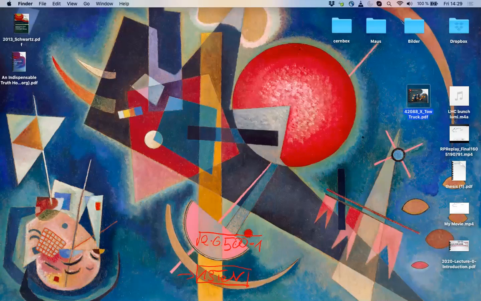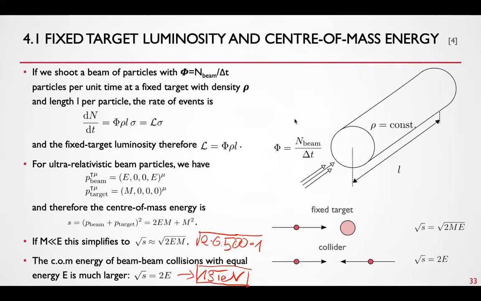So this is 114 GeV. In other words, it's hopeless to do high energy fixed target experiments. You need beam-beam collisions. Although it's much more difficult, unfortunately, but that's what it is.